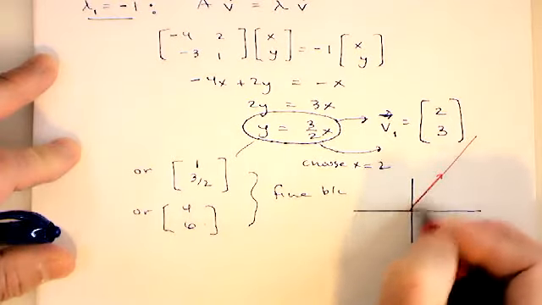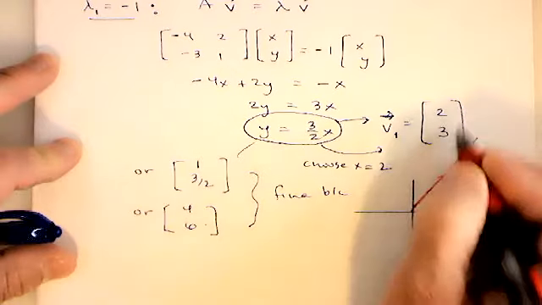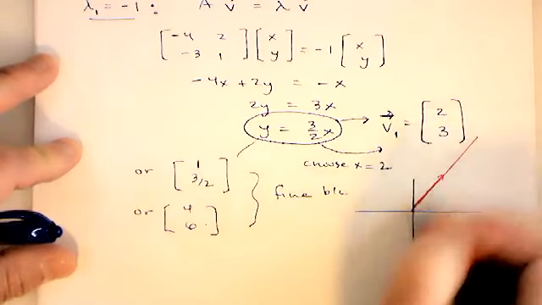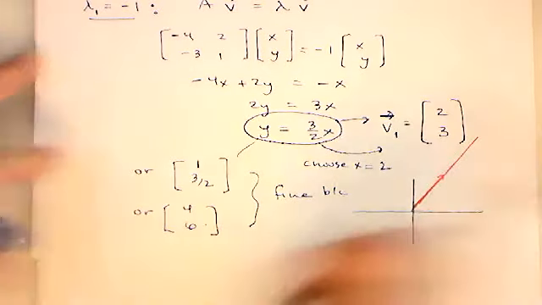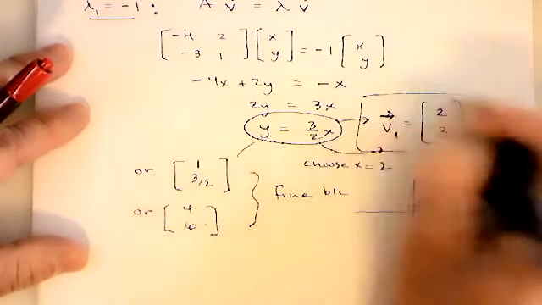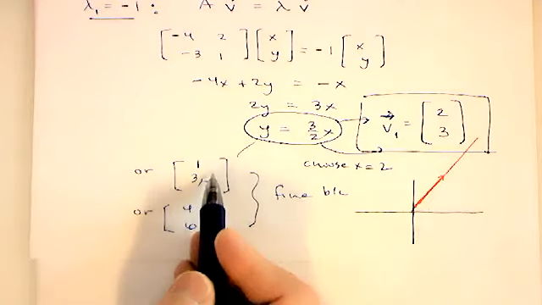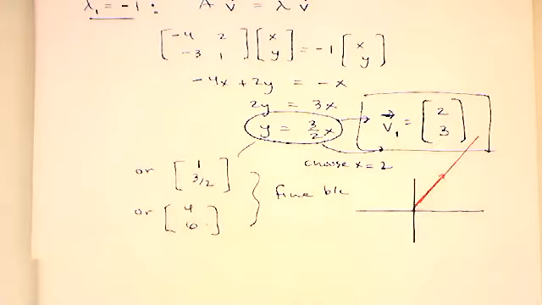That would actually be going in the same direction. So all of these are fine because they really are just vectors that are pointing in the same direction. But this is probably the one that your textbook is going to go with because it doesn't involve fractions and it's simpler than 4, 6.